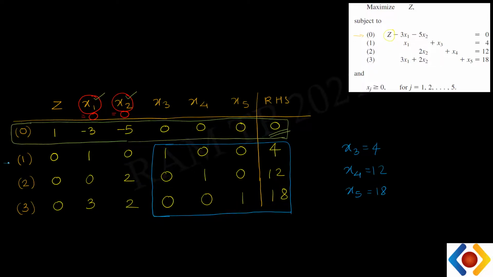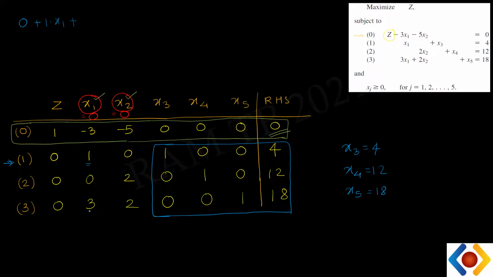So let's think about one of them. Let's take equation 1. I'm writing it here. From this, if I want to convert back into the equation, what do I do? 0 times z, that's 0. 1 time x1. I'm just looking at the first equation because some of you have the doubt about what about this x1 and x2.